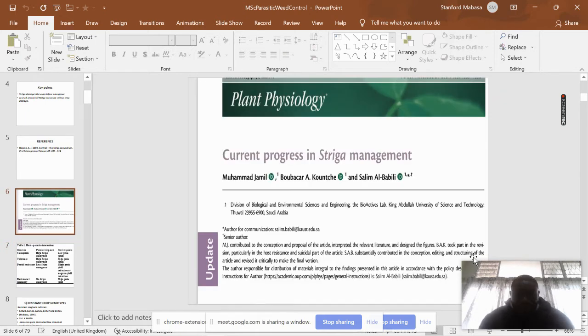Then there's also this paper, Current Progress in Striga Management, which is fairly recent. You may also read about the difficulties in striga management.